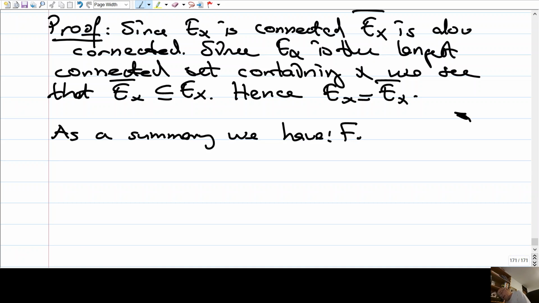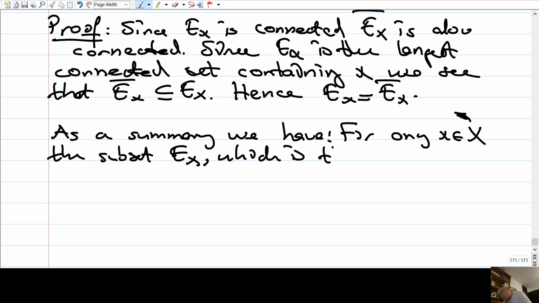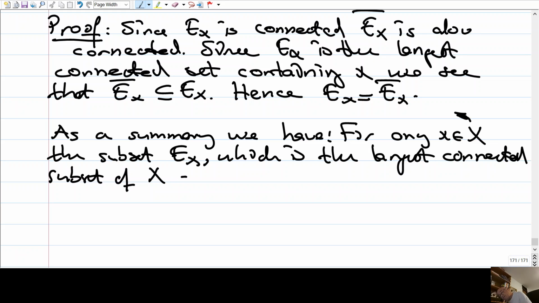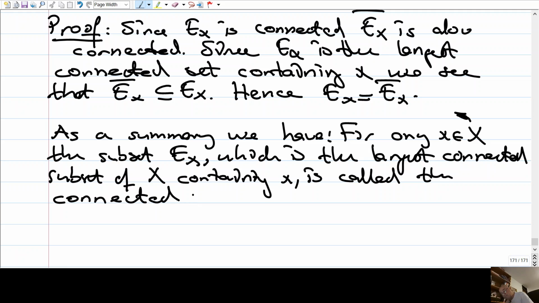For any x in X, the subset EX, which is the largest connected subset of X containing x, is called the connected component of X containing x.